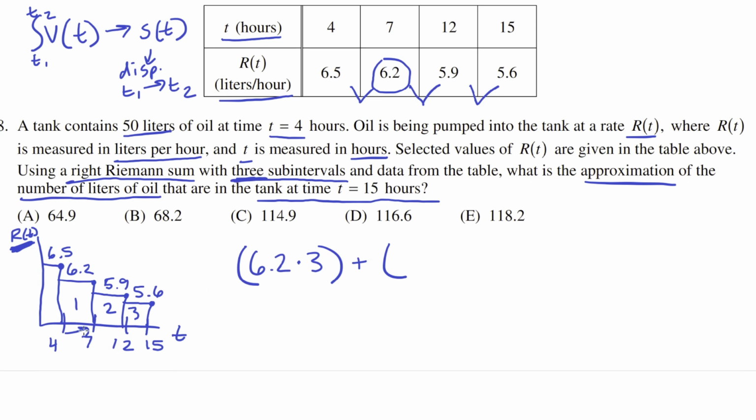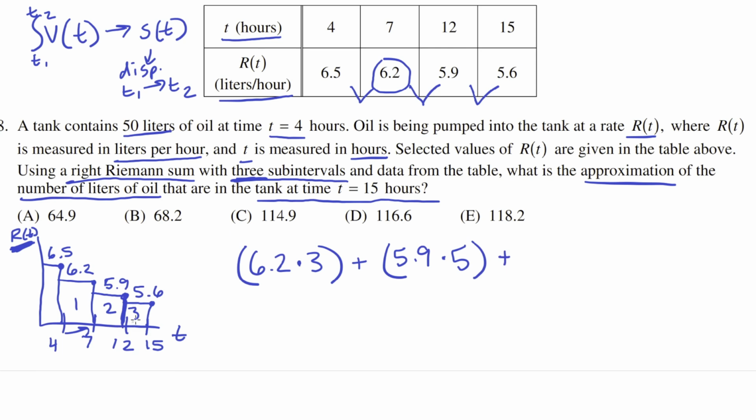So 6.2 times 3, because 4 to 7 is a difference of 3, is the area of our first rectangle. And then for the second rectangle, we'll use 5.9 as the height, since that is the value on the y-axis here, and multiply that with the width of this rectangle, which is just the difference in the x values from 7 to 12. So 7 to 12, that's a difference of 5.